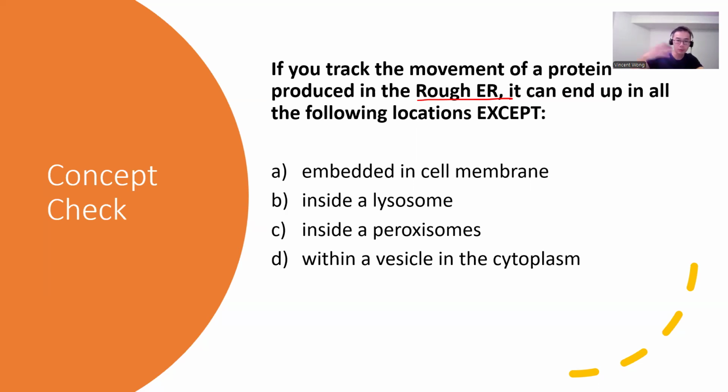And we wrote down where that vesicle can go last time, right? It can embed itself in the membrane. It can stay as a vesicle in the cytoplasm until it's needed later. It can become the lysosome, right? So this is the exception. The peroxisome is not even part of the endomembrane system, and so it's not really involved in this at all.